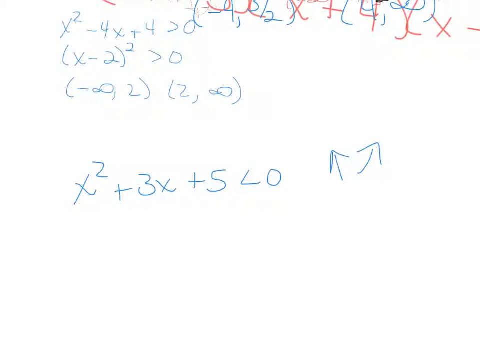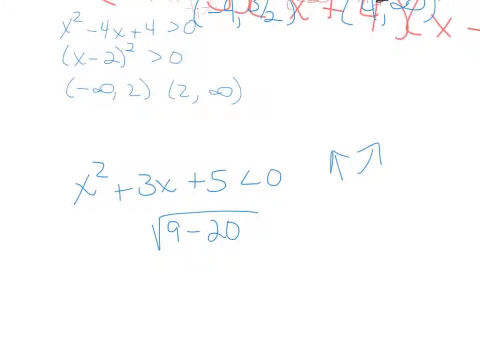All right, we can't factor this, so we know the quadratic formula. I really only need to worry about what's underneath the radical for right now. b squared minus 4ac. Is that going to give me a positive number? Well, dang it, I messed up. 9 minus 20. This is going to be imaginary, right?